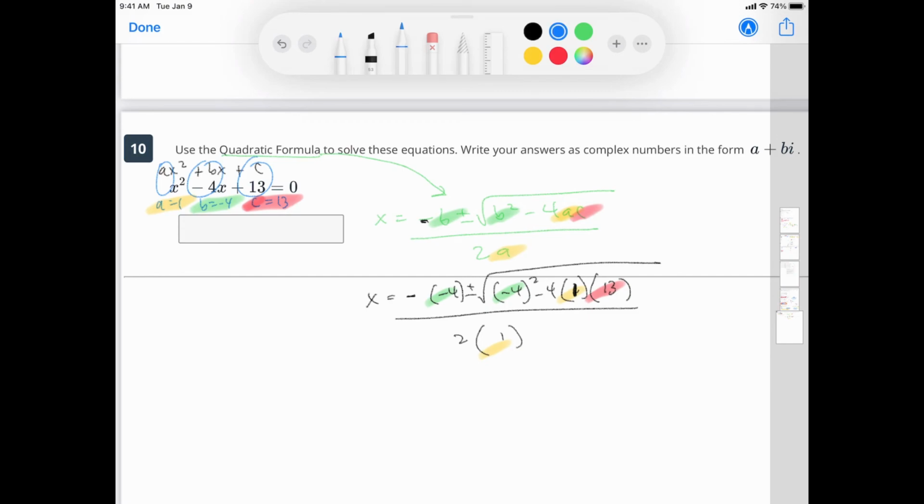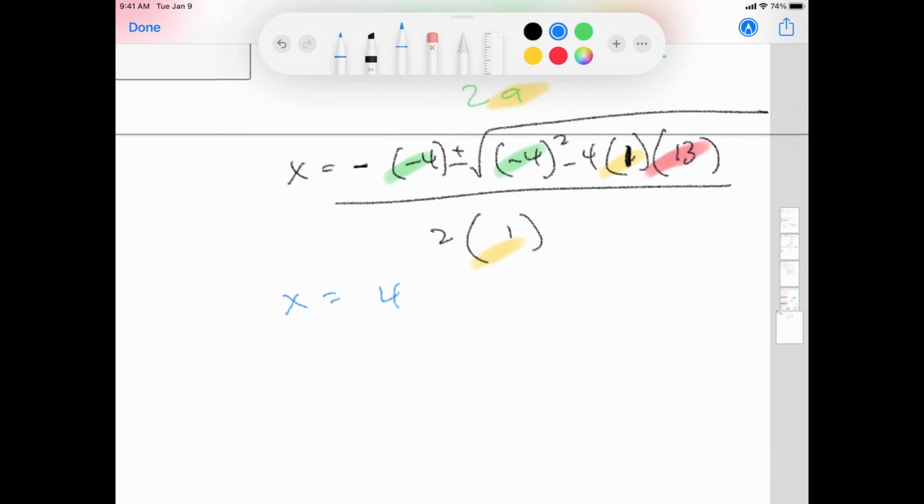Let's go ahead and simplify this. Opposite of negative 4 is positive 4. We're going to leave that plus or minus till the very end. Negative 4 squared is 16. And I like to do this one all together.